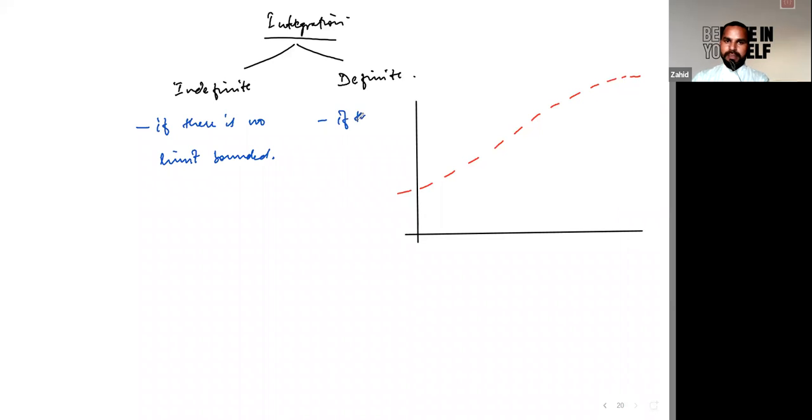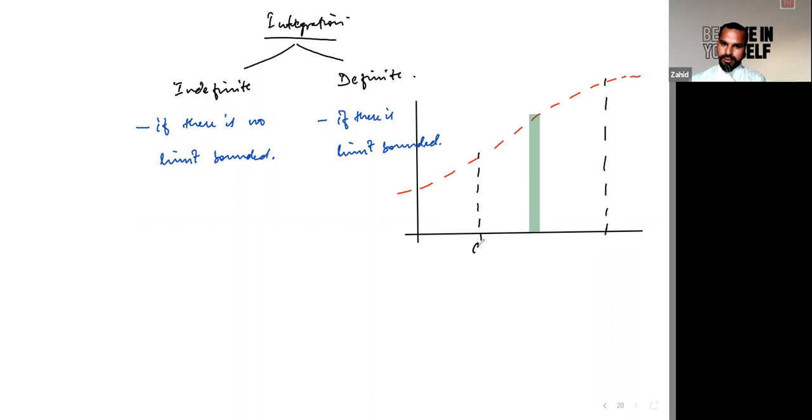But if there is some limit bounded, it is termed as definite integration. I'm defining what we mean by definite integration. Suppose you have calculated area of this particular strip or strip identical to this, extending from this end to this end only.